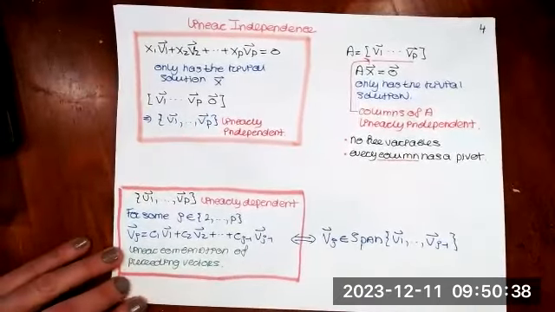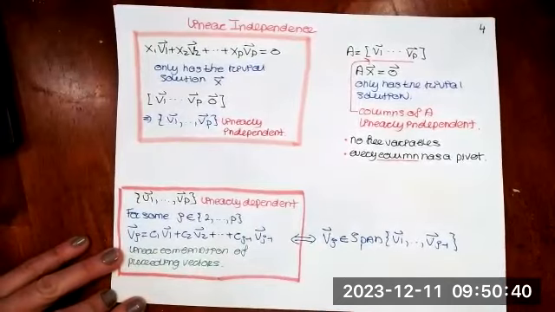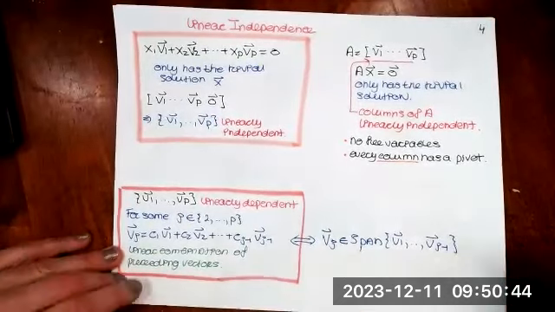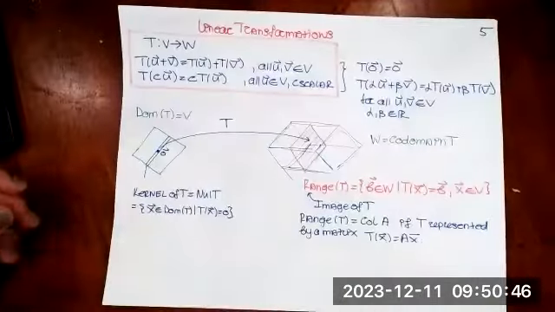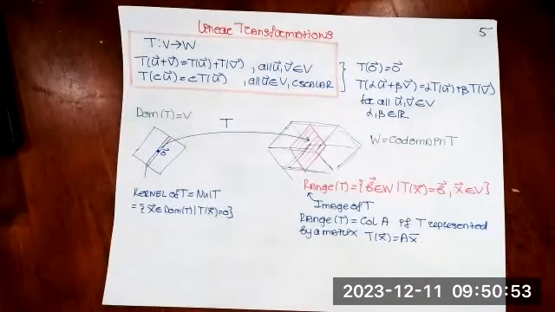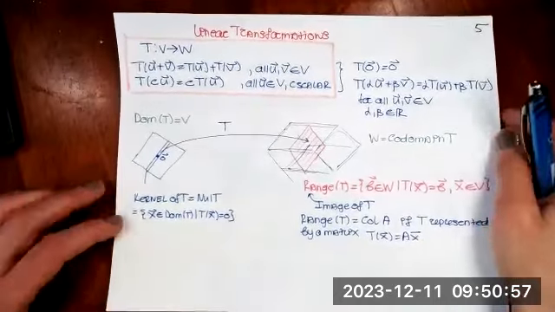It's just that there are probably one or more vectors that are linear combinations of the other ones. All right. Now that's linear independence and dependence, and then we have linear transformations we talked about.